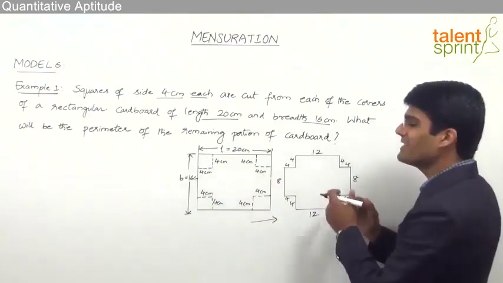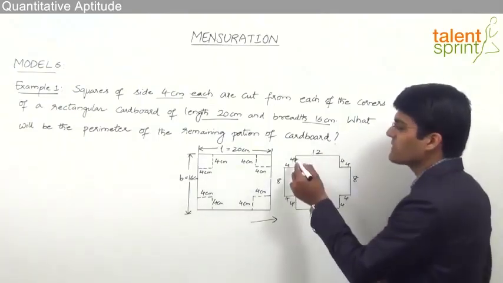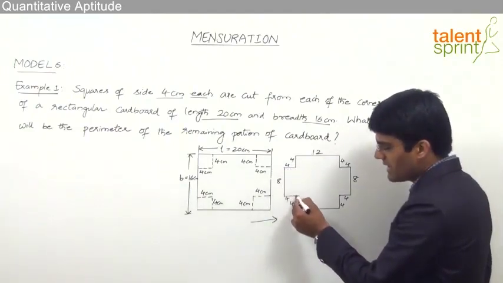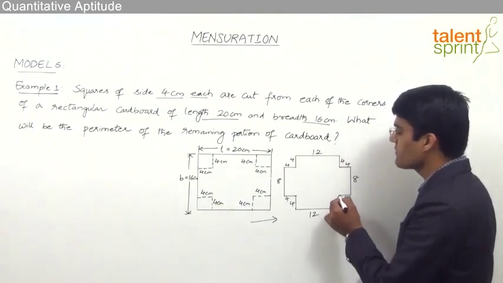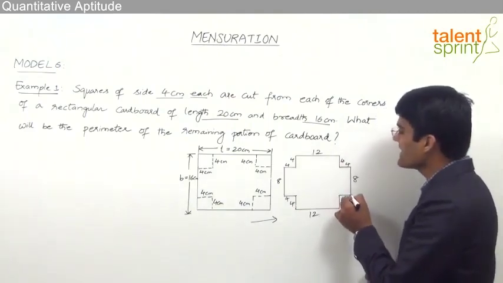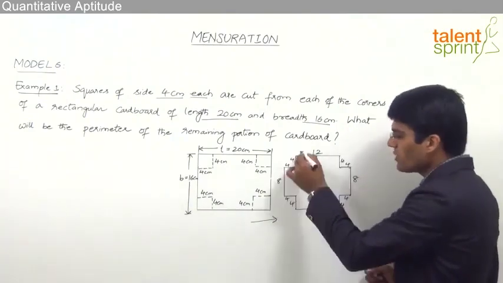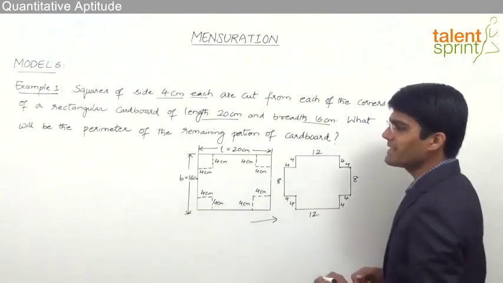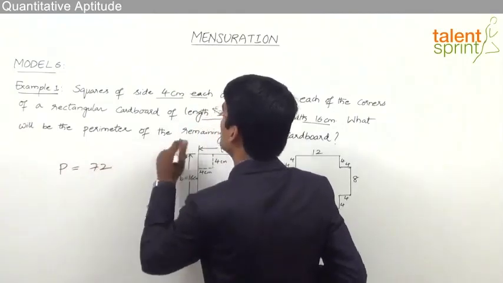So the perimeter of this shape can be taken as the sum of all its sides, that is 12 plus 4 is 16, 16 plus 4 is 20, 28, then we get 32, plus 4 is 36, plus 12 is 48, plus 4 is 52, plus 4 is 56, plus 8 is 64, plus 4 is 68, and plus 4 is 72. Altogether, by adding all these sides, we get the perimeter as 72. So we can say that the perimeter of the remaining portion here will be 72 centimeters.